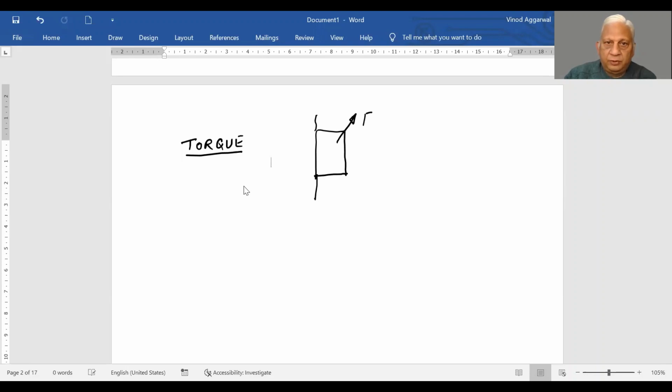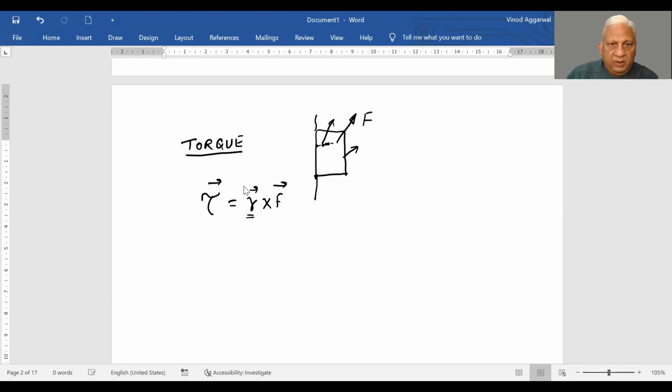You have to apply some force, and as you approach near this axis of rotation, the force becomes more and more. As you move away from the hinge, the force required to turn it is lesser. Okay. So what is the relationship? The relationship is torque, defined as tau, is equal to r cross f. Torque is a vector quantity.